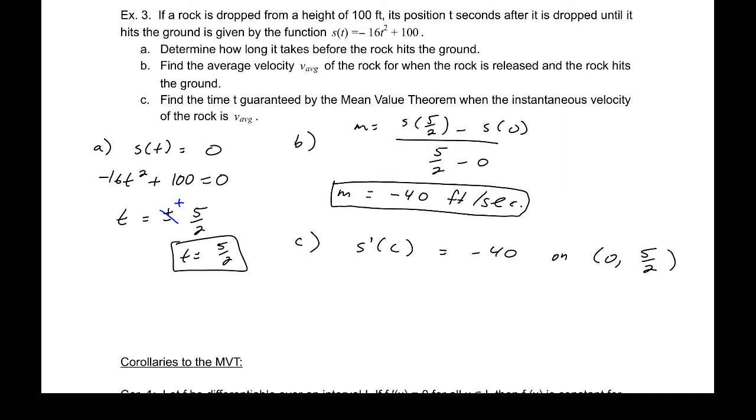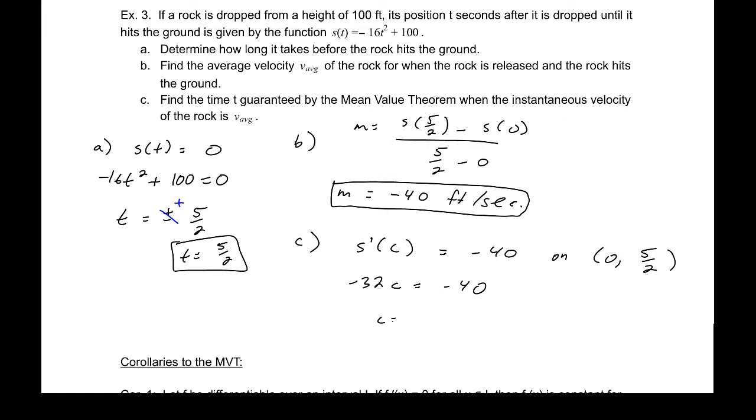Somewhere in that interval. Okay, well, the derivative of S of t would be our v of t function. That is -32, and we'll go ahead and stick a c in there, equals -40. We want to know where the average equals the instantaneous rate of change.